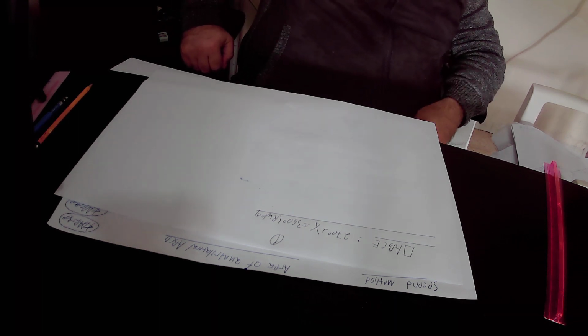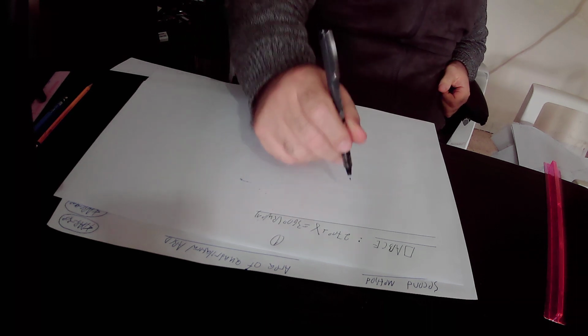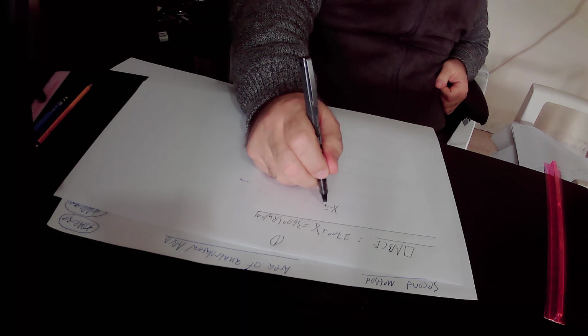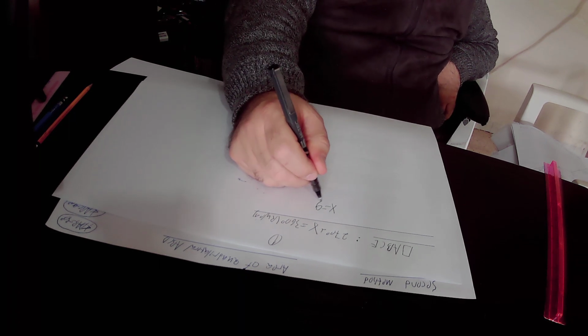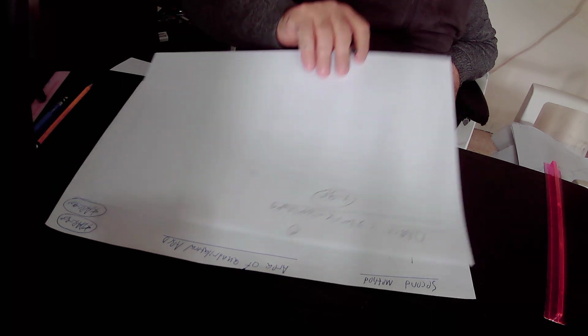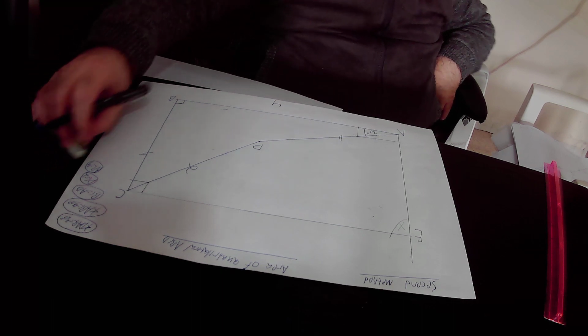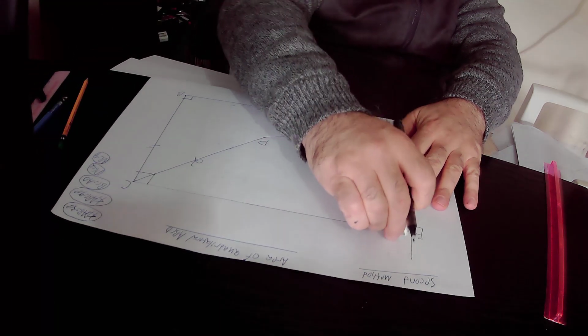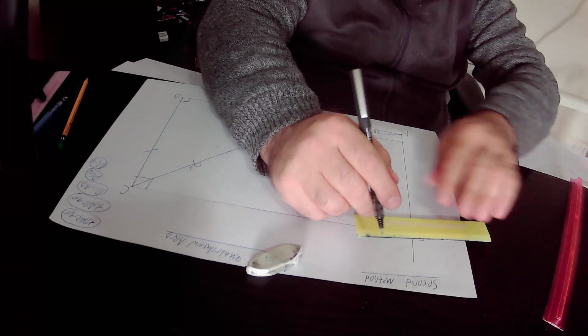So here we will subtract 270 degrees from this equation, and we will get that angle X equals 360 degrees minus 270 degrees. That is to say, angle X equals 90 degrees. So we can write here that angle X is a right angle. It equals 90 degrees.